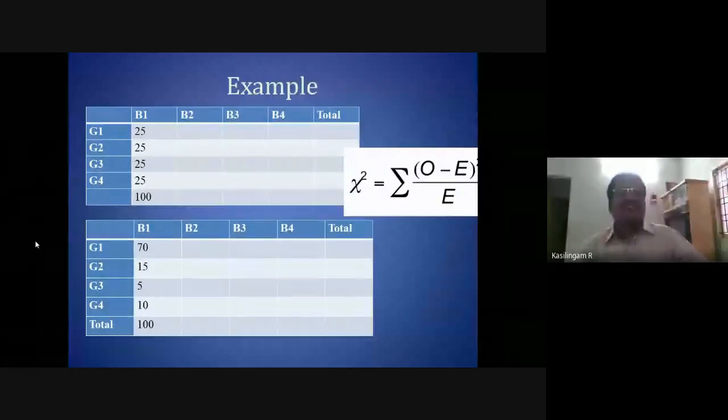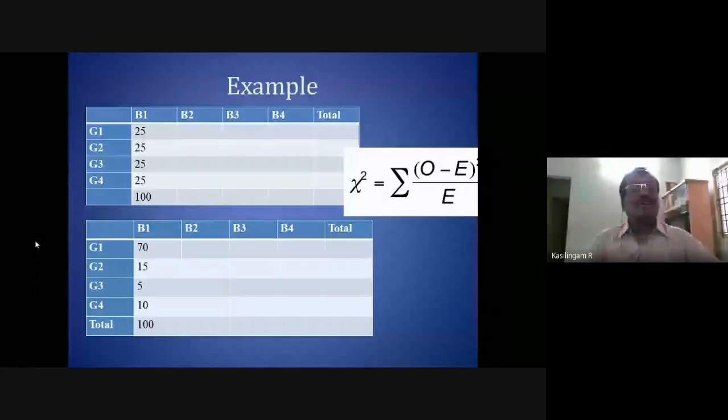Among the 8, there are 4 boys and 4 girls. The college is free, like Pondicherry University, which means anybody can sit with anybody, no problem. Any boy can sit with any girl.